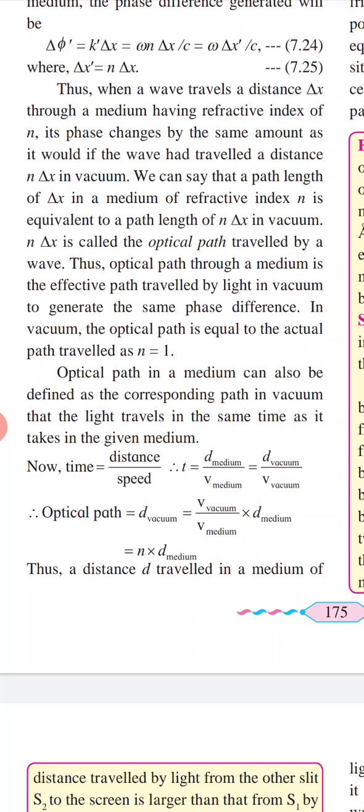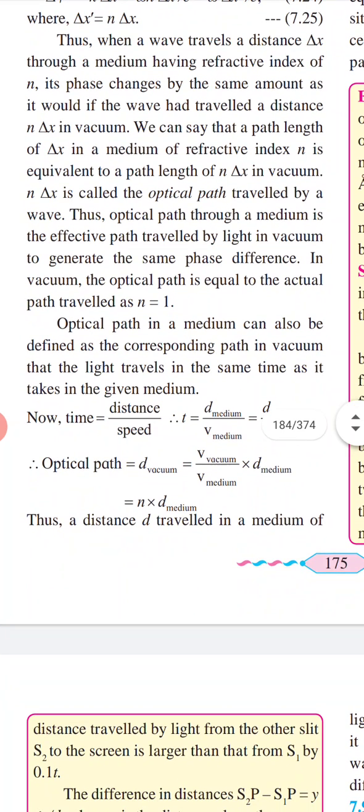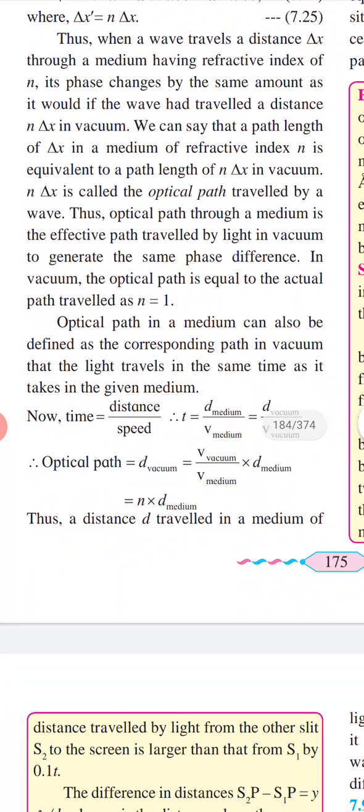Thus when a wave travels a distance delta x through a medium having refractive index n, its phase changes by the same amount as it would if the wave had traveled a distance n delta x in vacuum. So we can say that a path of length delta x in a medium of refractive index n is equivalent to a path length of n delta x in vacuum.